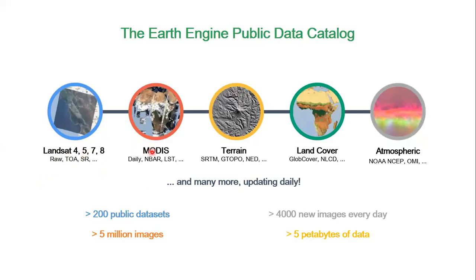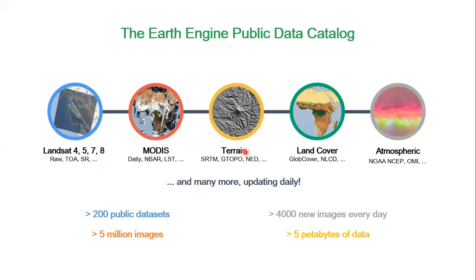Not only Landsat, but also MODIS products, like MODIS multispectral data, and not only satellite data but satellite products like soil moisture, MODIS NDVI, and land surface temperature are available on the Earth Engine platform. The most important thing for a water resource analyst is the DEM.